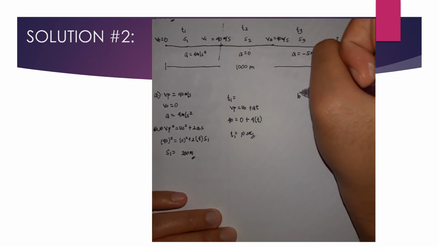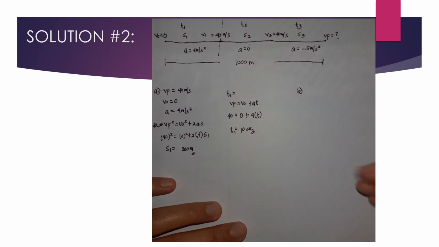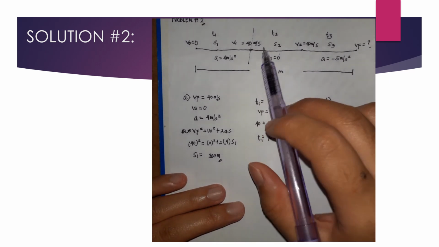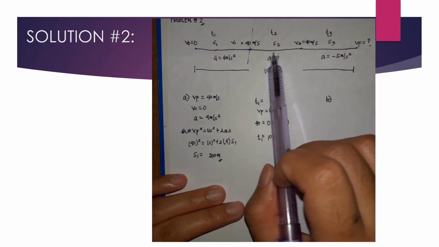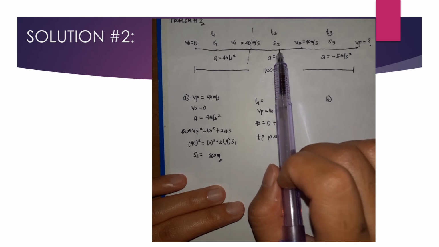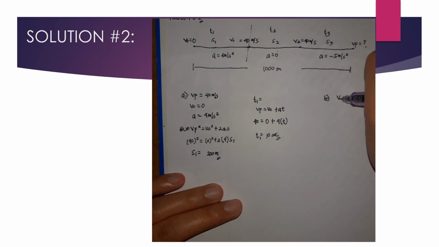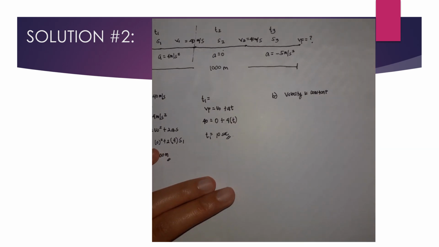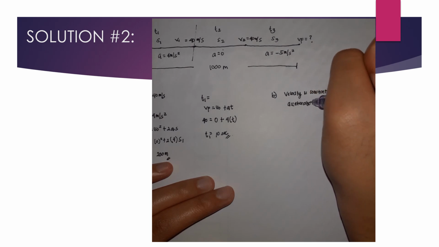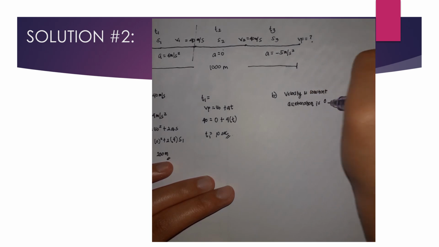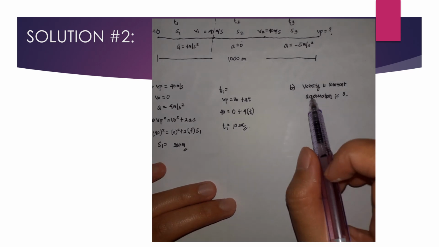Okay, so for letter B, it asks for the distance traveled at constant speed. So we'll be looking at this part, from this part to this part. It says that our speed is constant, meaning our velocity is constant. So when velocity is constant, our acceleration is equal to 0.